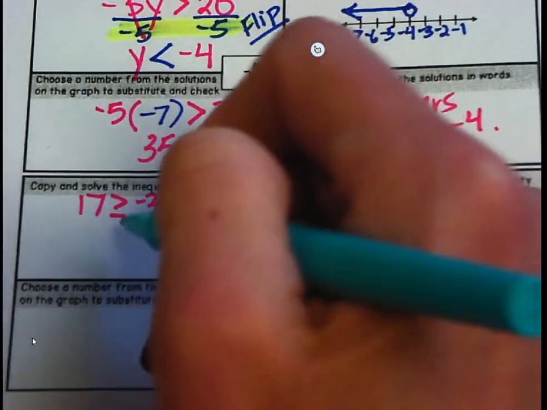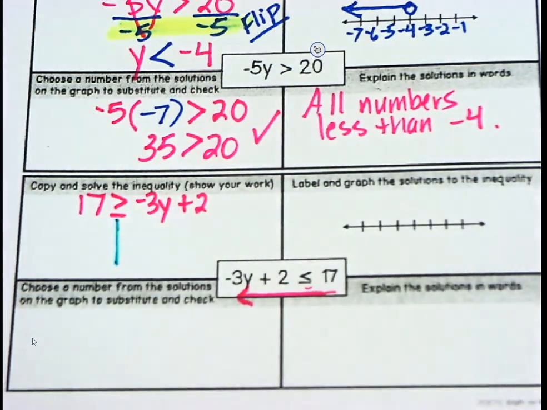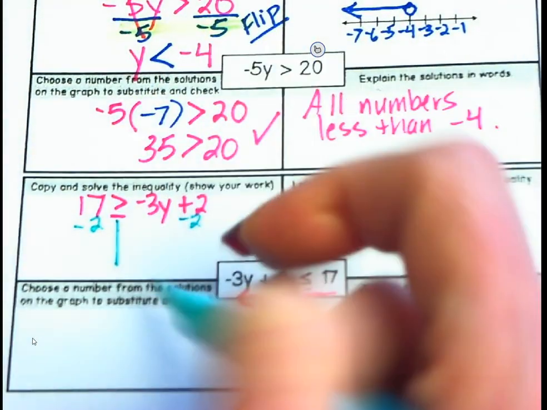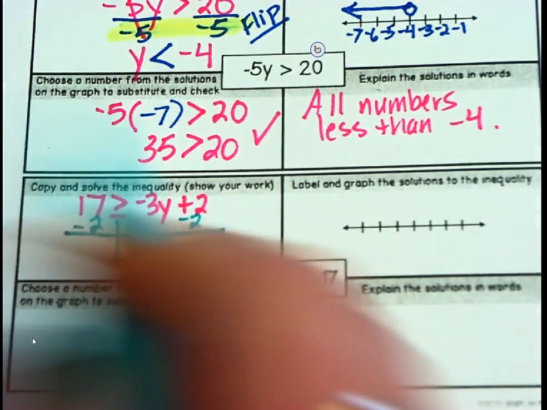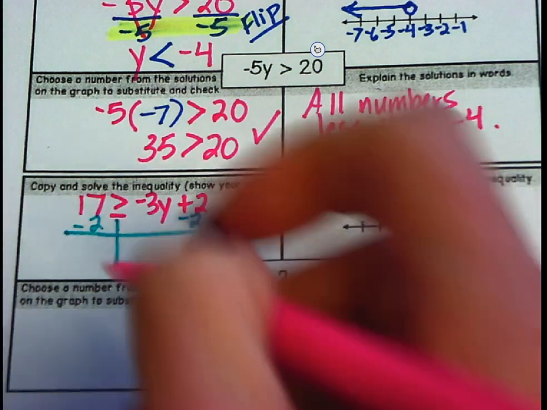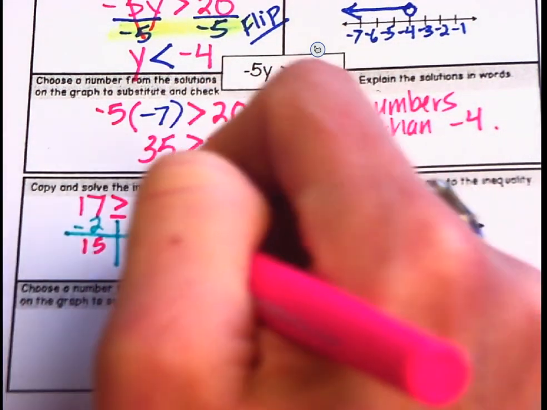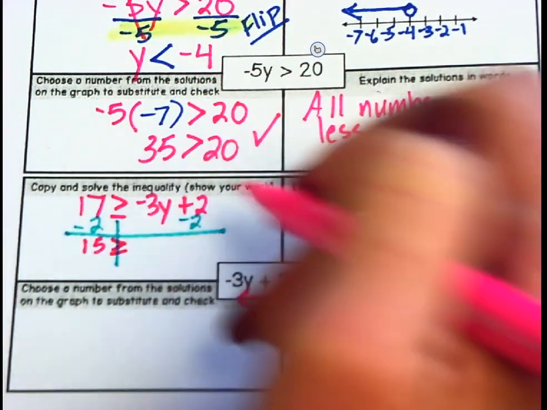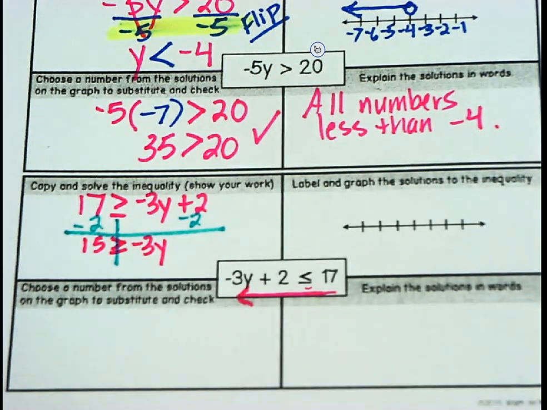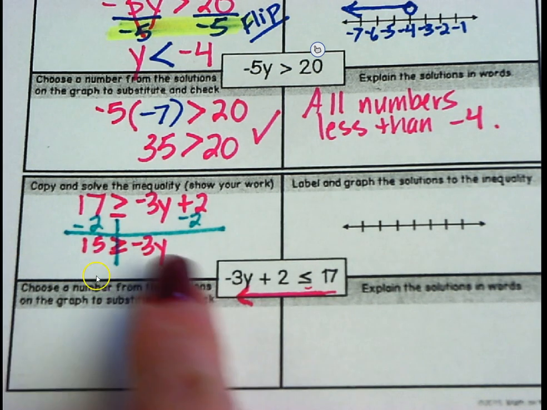So I'm going to put my line down. I'm going to get rid of my positive 2 by subtracting 2. So 17 minus 2, I have 15 on the left, greater than or equal to still negative 3y. And now I'm looking at the side with the variable.